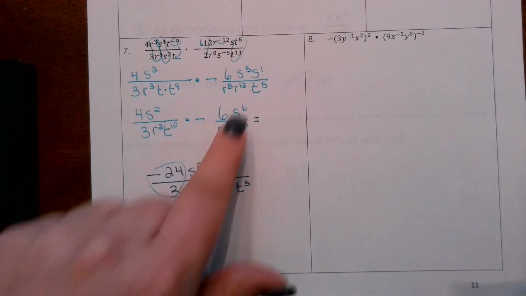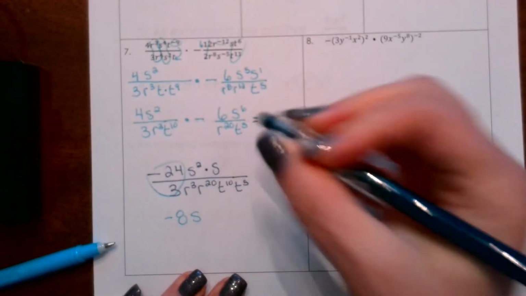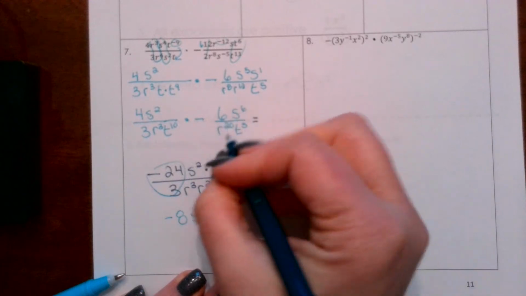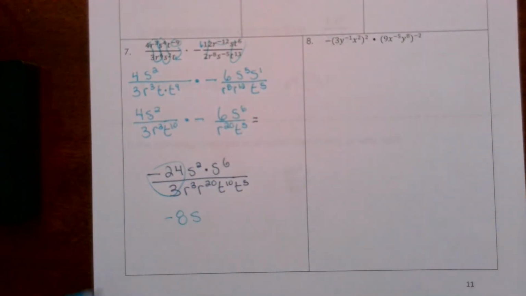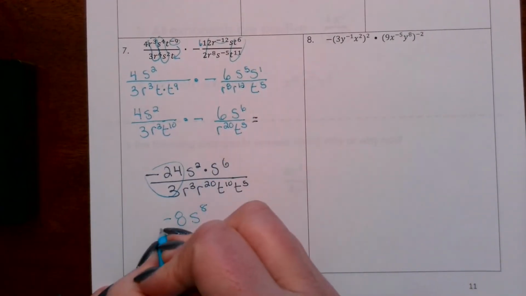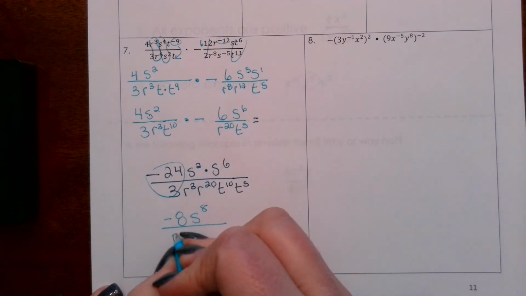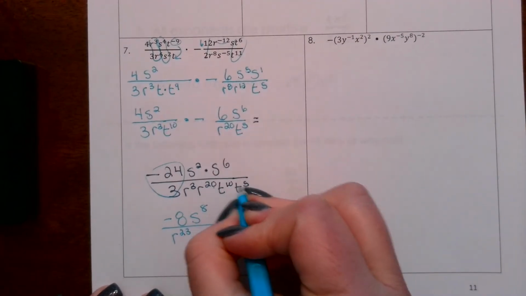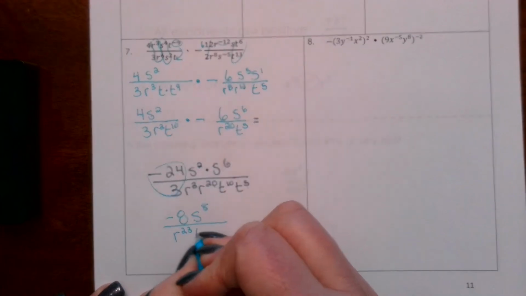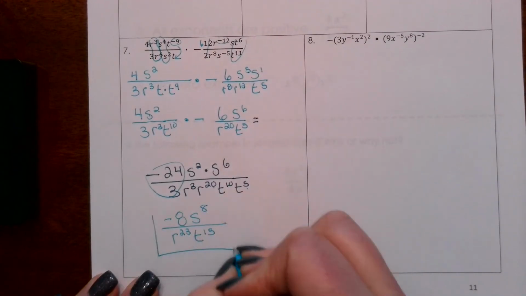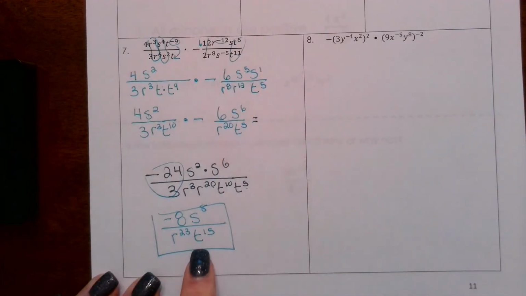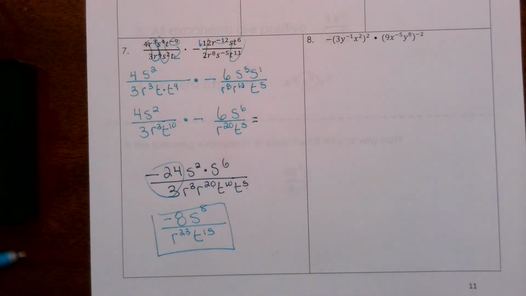I'm sorry, I forgot that that was a 6. So that's 2 plus 6, s to the 8th. 3 plus 20 is r to the 23rd, and 10 plus 5 is t to the 15th. Alrighty, all of that simplified to that.